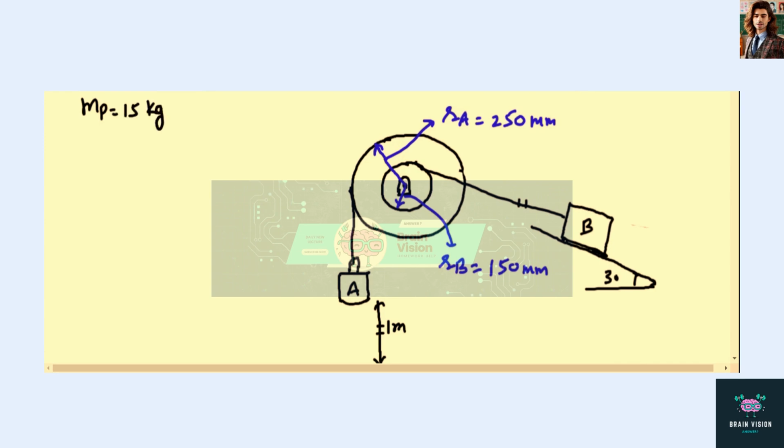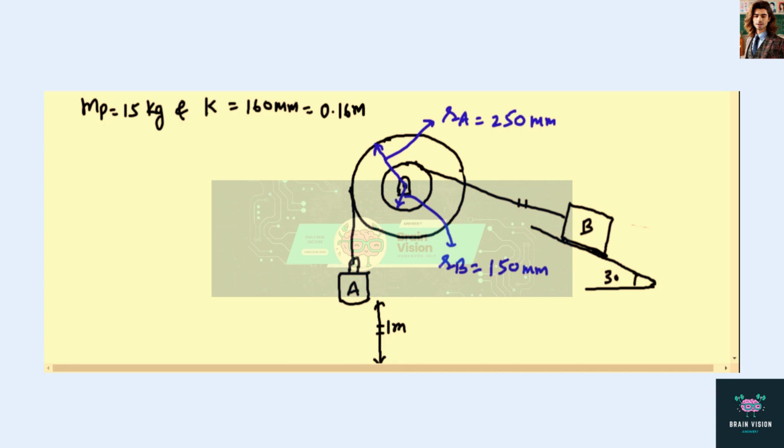Hello friends, as shown in the figure, there is a double pulley having a mass of 15 kg and a radius of gyration about the centroid of 160 millimeter, that is 0.16 meter. Cylinder A and block B are attached to the cords that are wrapped on the pulley as shown in the figure.